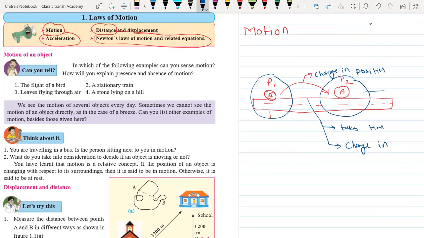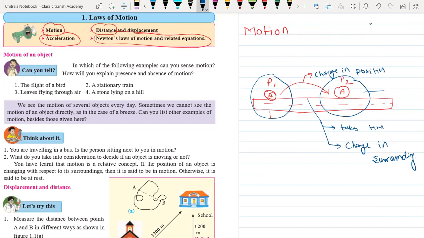Change in surrounding. If you are in Hyderabad, your surrounding will be different. But if you move from there to another state, or maybe another country, suppose Dubai or Abu Dhabi, your surrounding will be different, right? Means if motion takes place, the surrounding also changes.